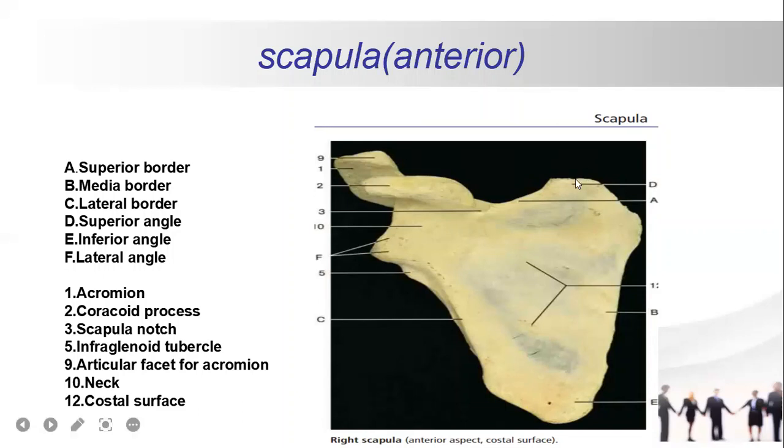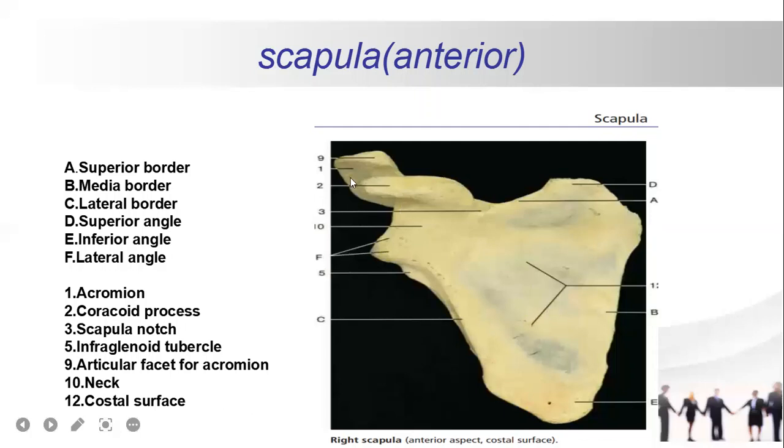D, the point of the arrow pointing at D, is the superior angle, while E is the inferior angle of the scapula, and F here is the lateral angle of the scapula. So those are the borders of the scapula, and the whole flat surface is called the body of the scapula.